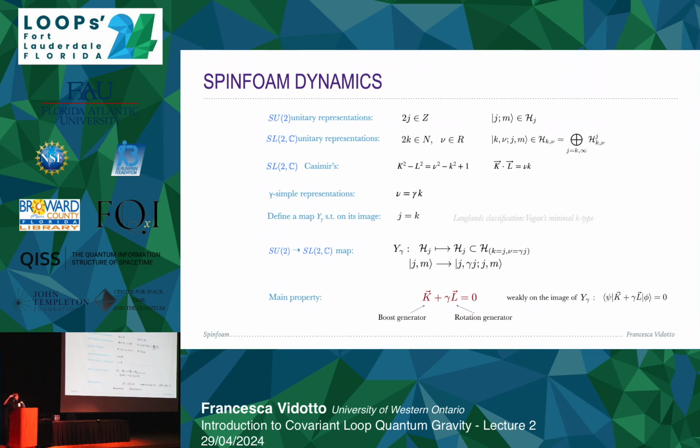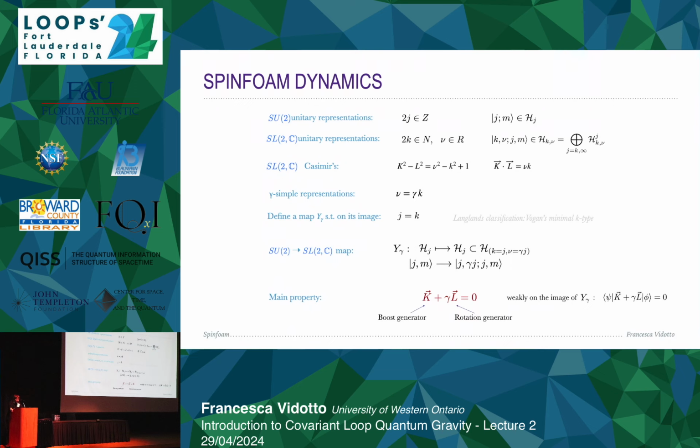So taking j equal to k means that I'm taking the lowest possible value of the spin, okay? So here I'm making my representation of SL2C to sit on the lowest possible value.